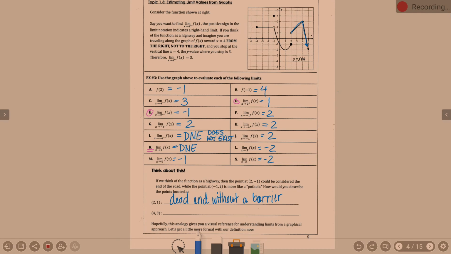I don't know why I put bump in the road. I guess maybe because the point is there. For convenience, I'm just going to say sharp turn. You guys had all your other descriptions. It's good. Moving on.